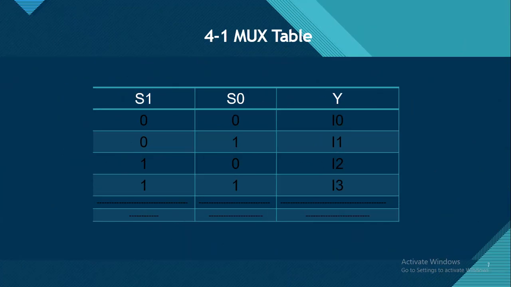So a multiplexer can be expressed in a lot of ways, but here we are focusing mainly on implementing Boolean functions with a 4 to 1 multiplexer.